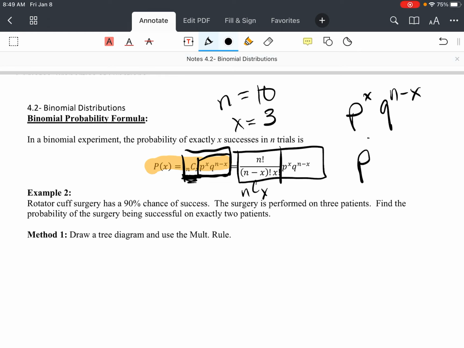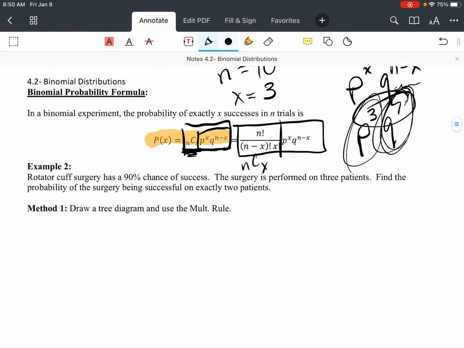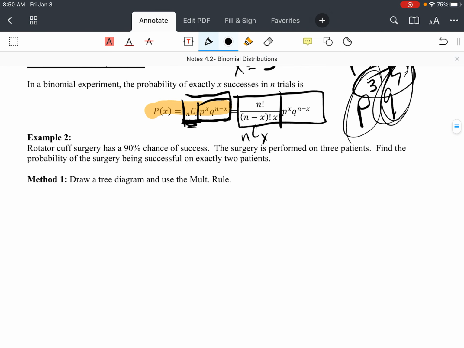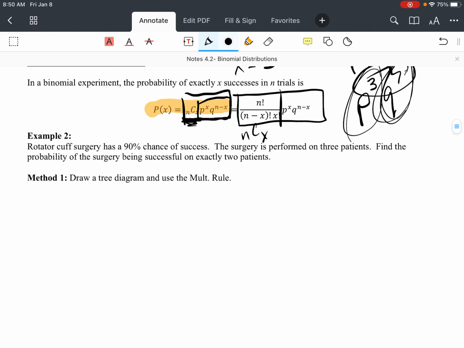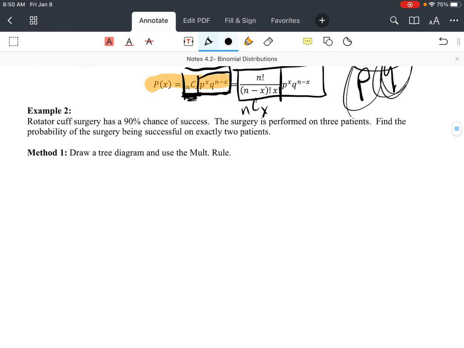What this means is that I'm saying we've got the probability of success raised to the third power. The second part here is actually going to be the probability of failure raised to the other power. So in other words, what I'm saying is I have 3 successes here, which means that out of 10 trials, I have 7 failures. So these top 2 numbers have to add up to be your number of trials. All right, so let's go ahead and take a look at an example.